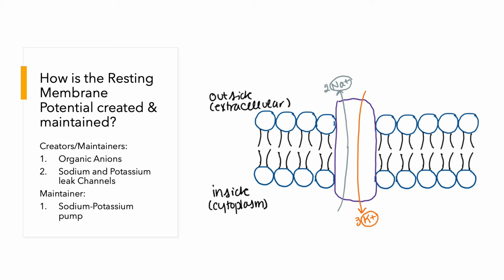This helps maintain the higher concentration of potassium inside of the cell and the higher concentration of sodium outside of the cell by opposing the leak channels. In this diagram, you can see 2 sodium ions leaving the cell and 3 potassium ions coming into the cell.